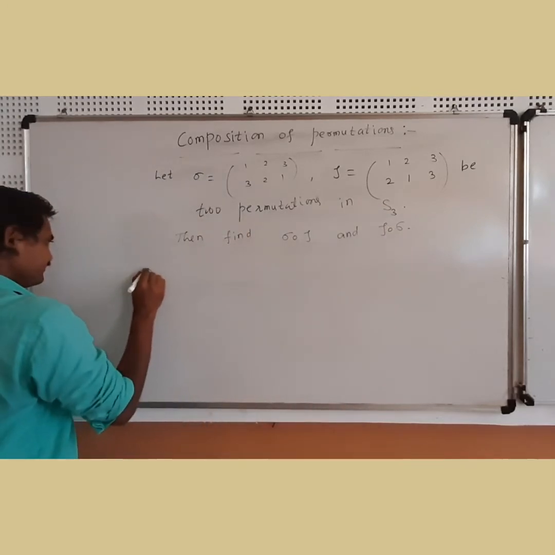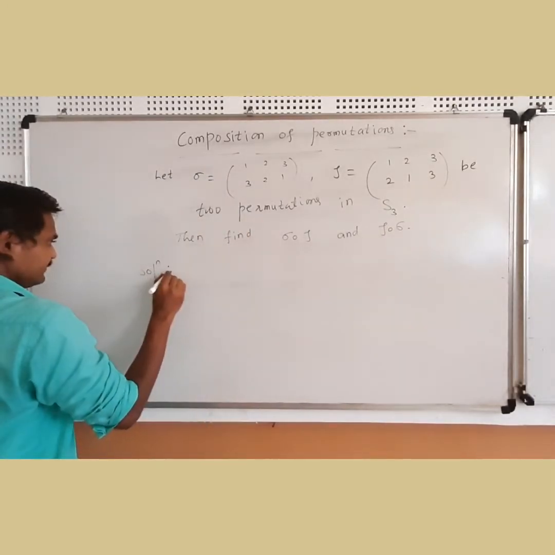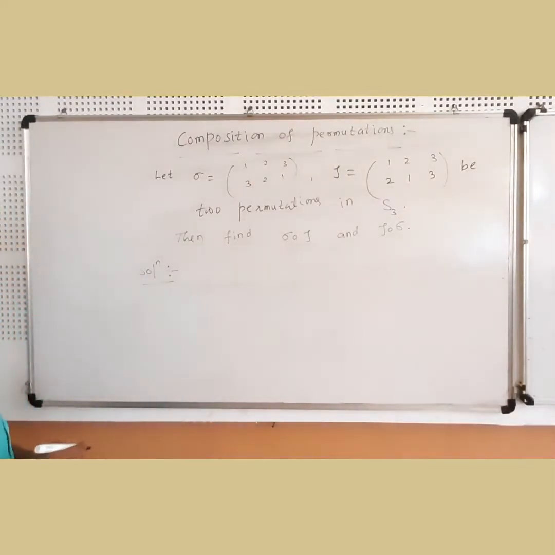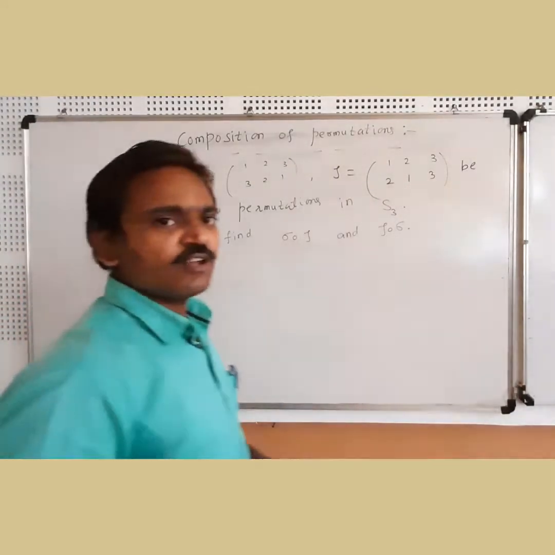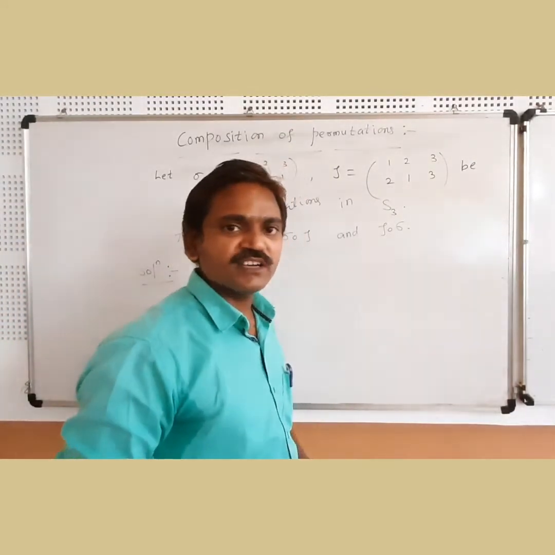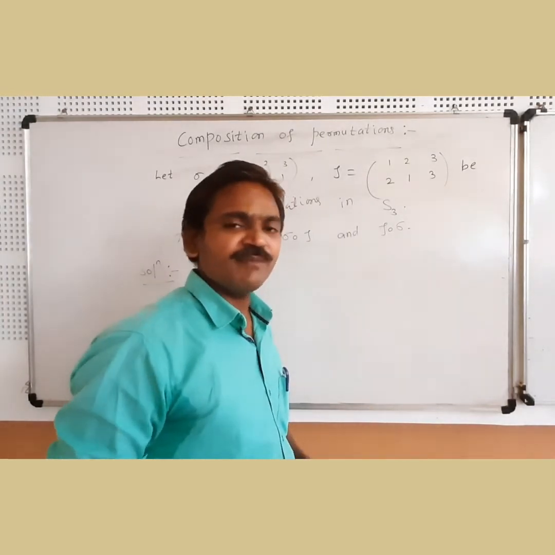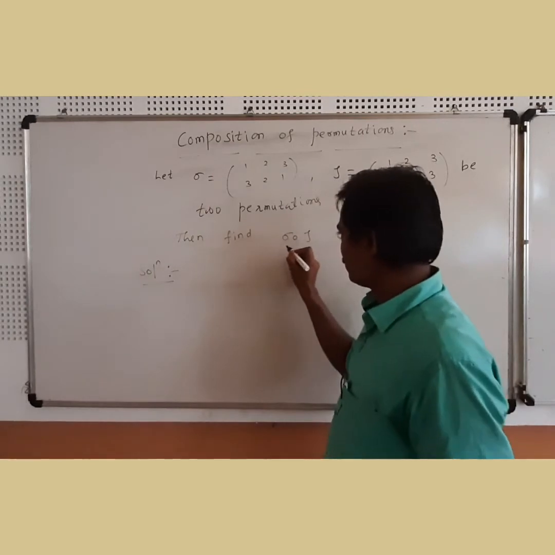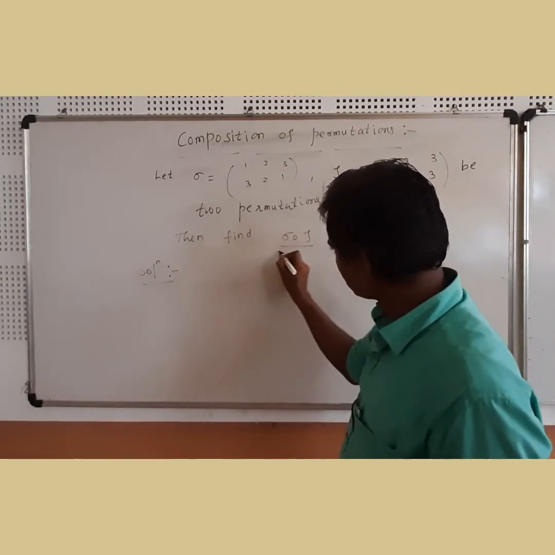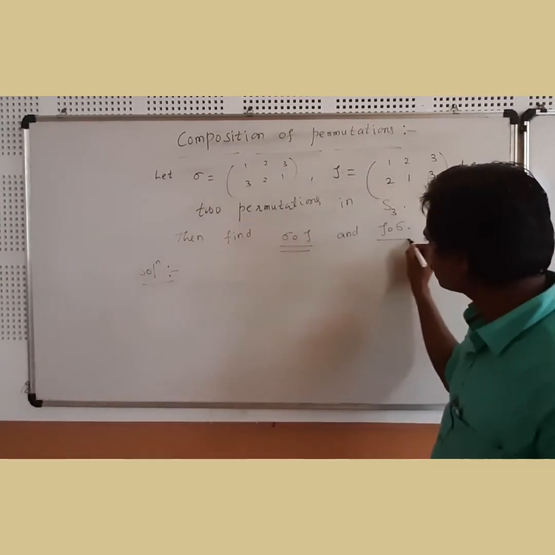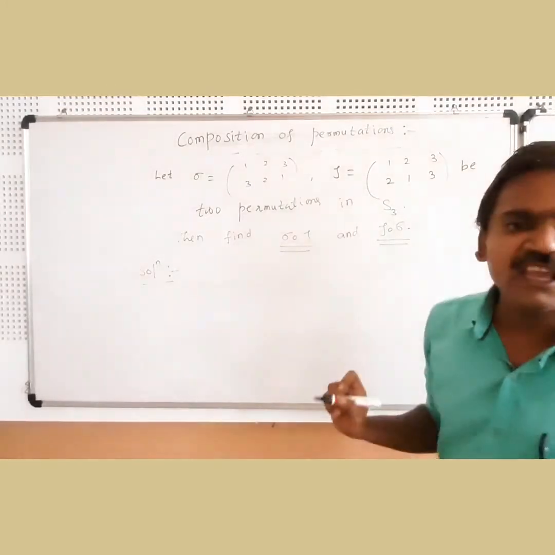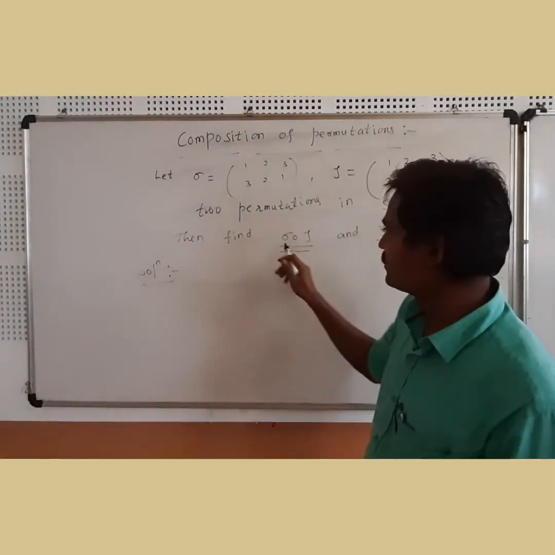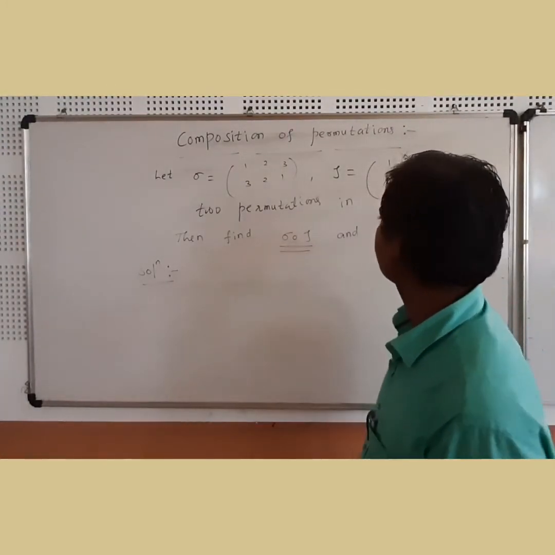Solution. Note that composition or product of two bijective functions is again bijective. Therefore, compositions sigma circle tau and tau circle sigma are again permutations because these are bijective functions.